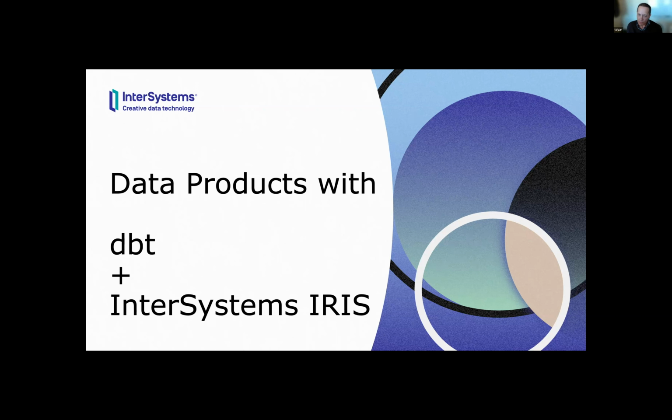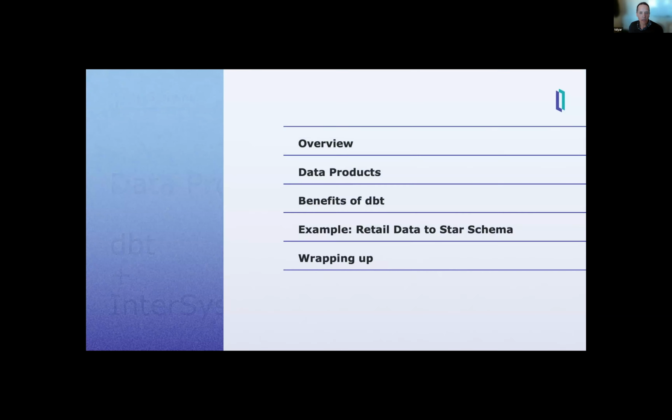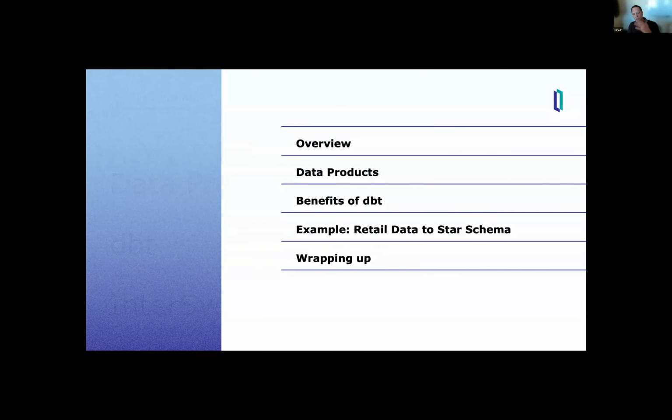And we'll look at an example of how you might build those kinds of artifacts with InterSystems IRIS and DBT. And we'll talk about what DBT is. So this is the overview. We have a little example that we'll get into using DBT, and I can show a bit of a demo.